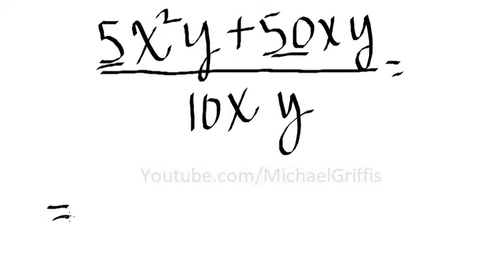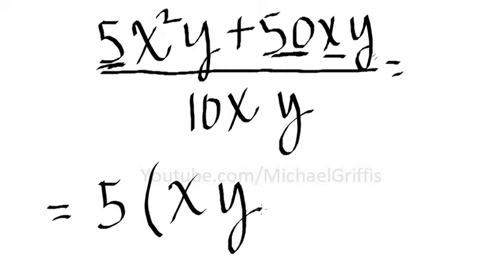Okay, so I'm going to pull, let's see, what do we have up here? We have a 5, we have a 50, so I'm going to pull 5 out. We have one x here and a y, so I'm going to pull out an x and a y. So 5, pulling out an x, pulling out a y, leaves us with one x, plus 10, since we pulled out both the x's and the y's.